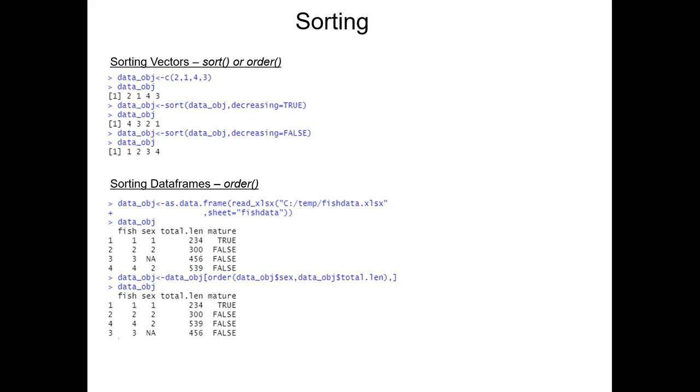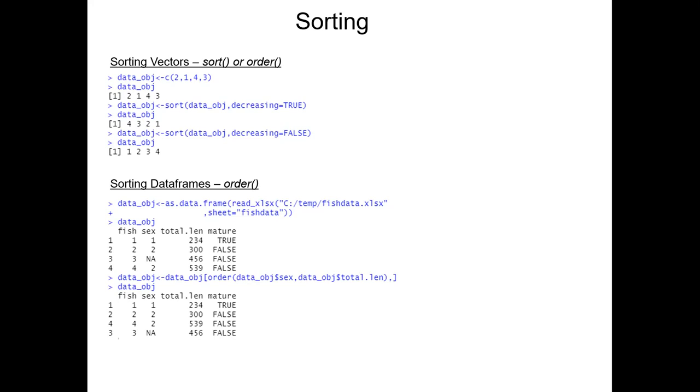You can see when it's ordered, you get sex 1 to 2, and then the lengths have been sorted in the same increasing order. So if you have multiple sexes with multiple lengths, it will be ordered within the first column that you specified.